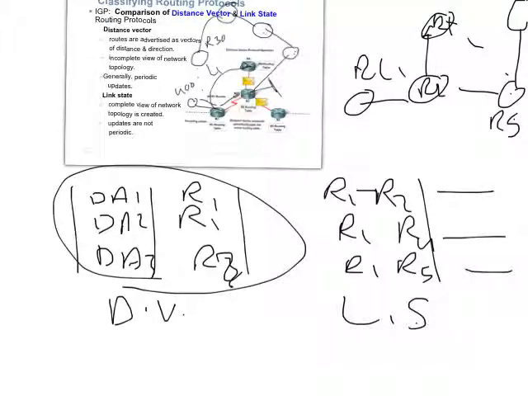So if I collect the state of every individual link in the network, then naturally, if there is any change in this link, I have to report it right away.